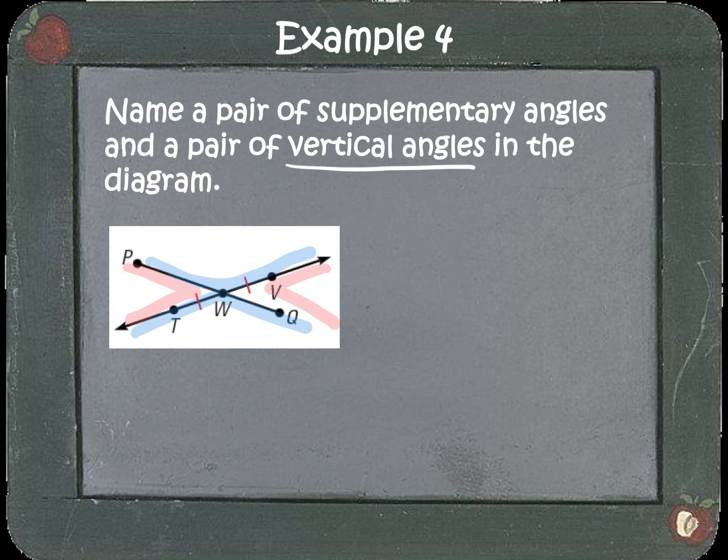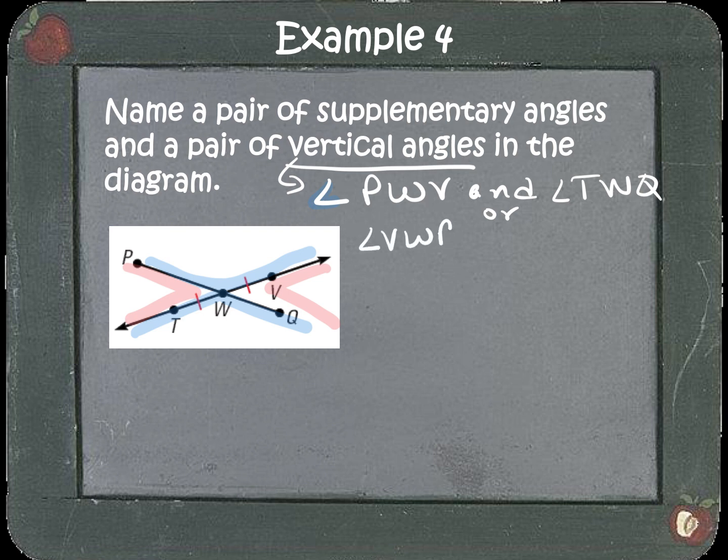So for the vertical angles, I'll do the blue ones first. So I have a pair of vertical angles, and again, the order doesn't matter here. So the vertical angles could be PWV and TWQ. Now you could have also named it in reverse, like for the PWV, you could have said VWP along with QWT, either way.